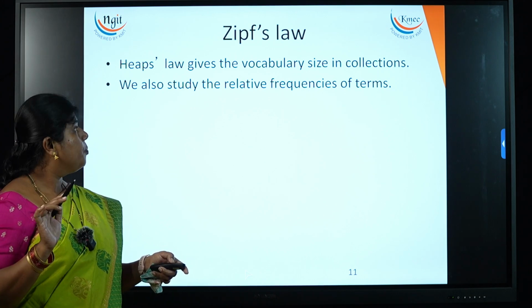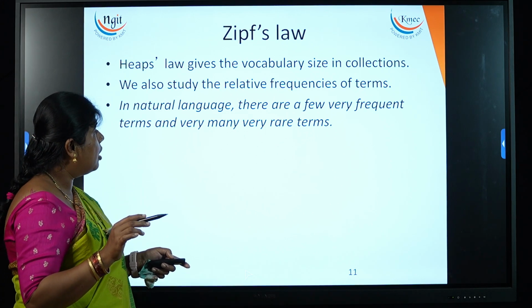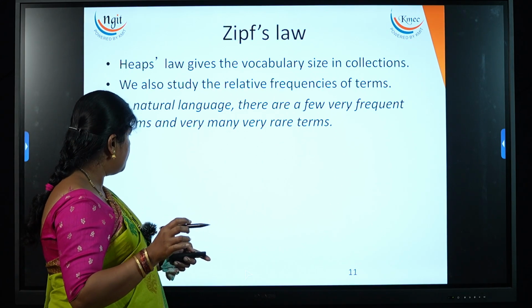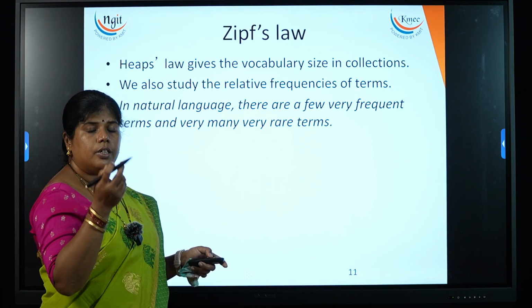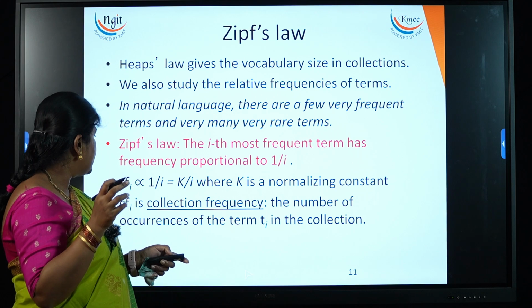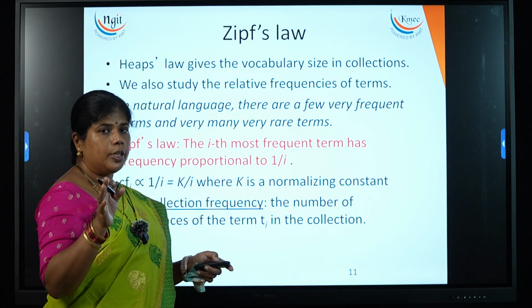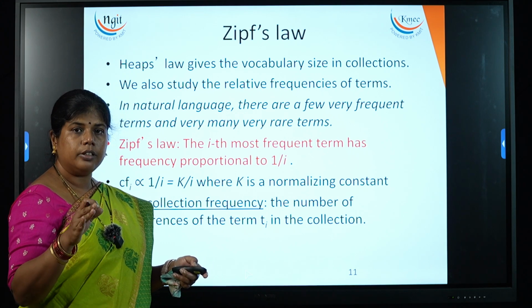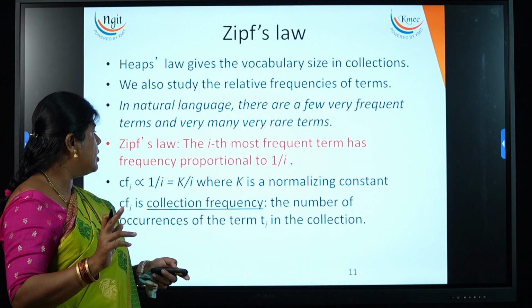In natural language, there are a few very frequent terms and very many very rare terms. For example, a particular term that is very rare, and another that is most frequent. So, that word frequency does matter.